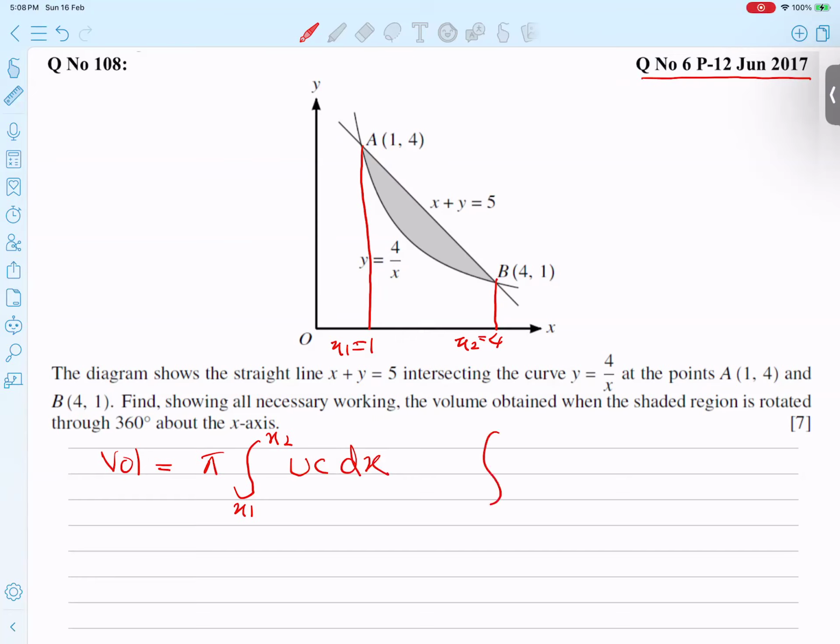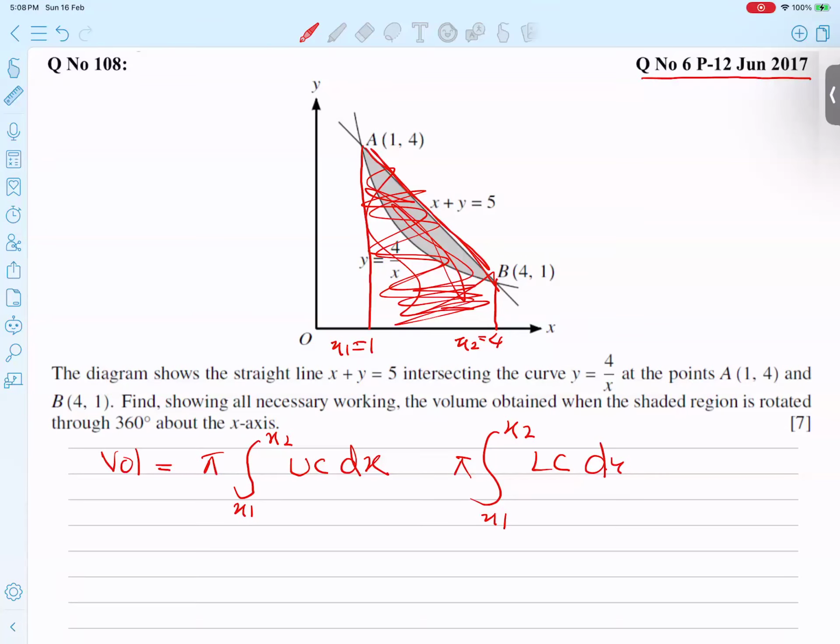When I do the same integration from x1 to x2 with the lower curve, the upper curve gives me the full portion, this shaded area rotated about the x-axis. But if I integrate this curve, I will get the white area rotated about the x-axis. If I subtract them, I'll get this area in the middle.